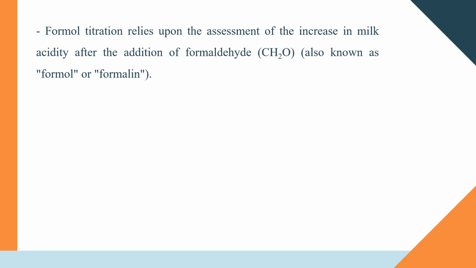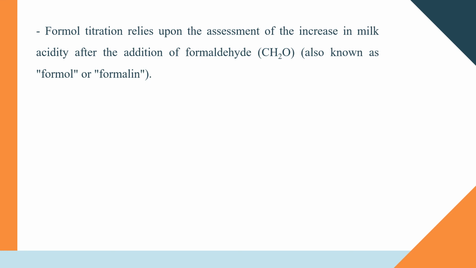And this happens because of the presence of both acidic and alkaline groups in the side chains of the amino acids in proteins. So this is the basis of the formol titration. The technical principle centers on this aspect.